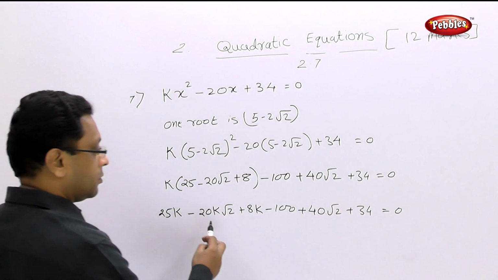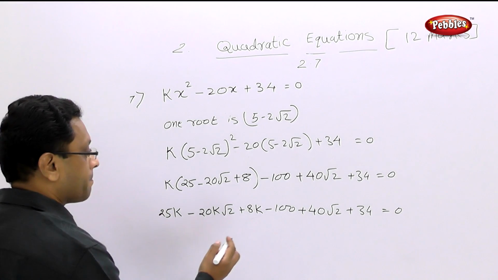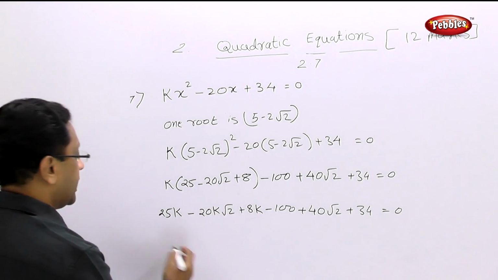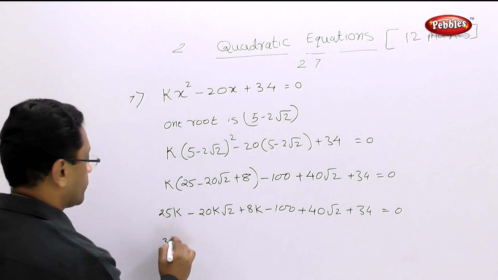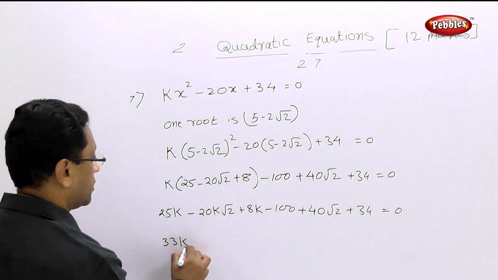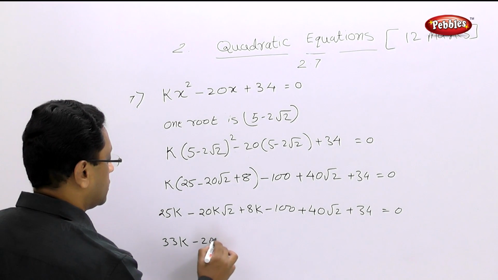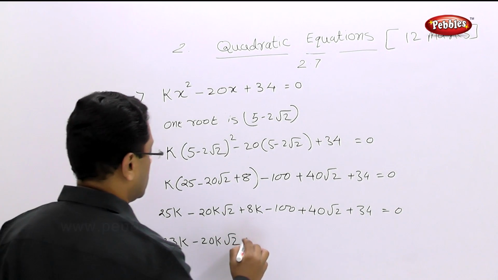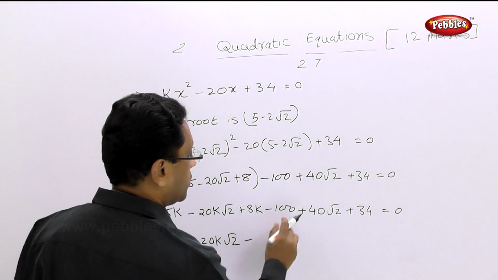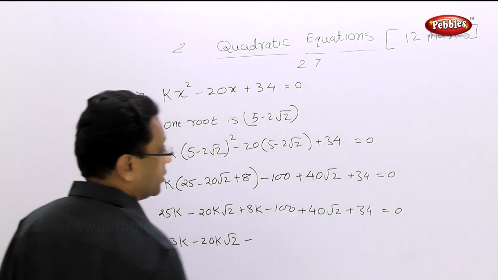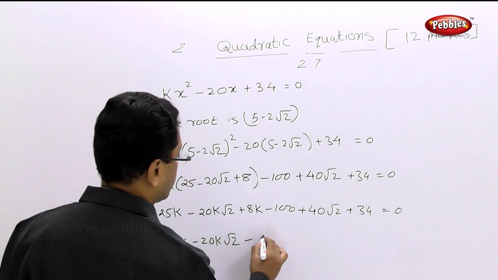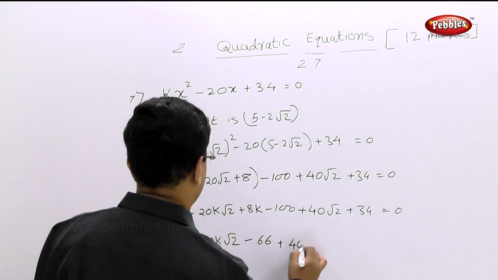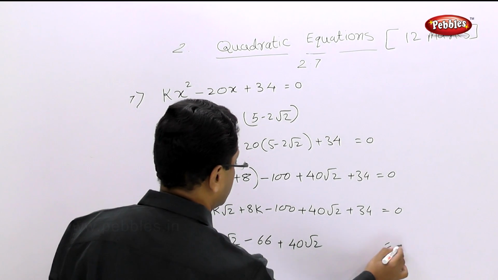Now 25k plus 8k is 33k, minus 20k root 2. Now minus 100 and 34 is minus 66, plus 40 root 2 equal to 0.